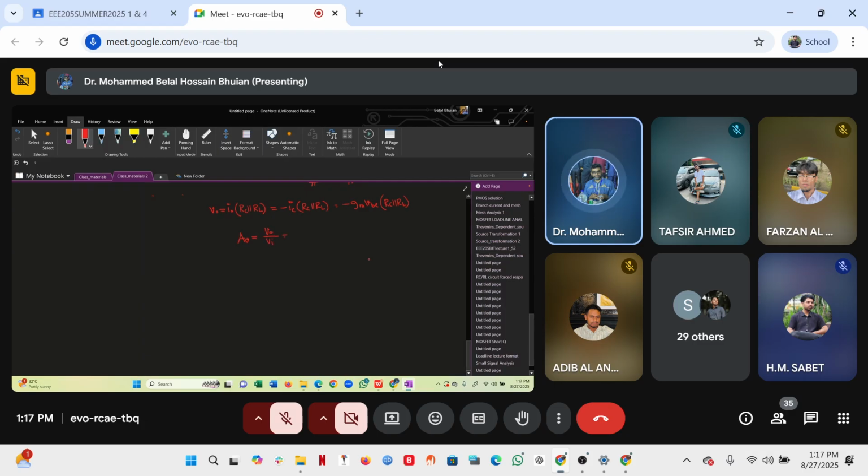So V naught we know is minus gm VBE RC parallel RL, and VI is equal to IB times R pi plus 1 plus beta RE.